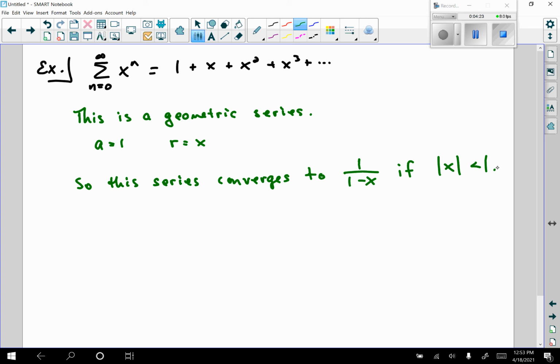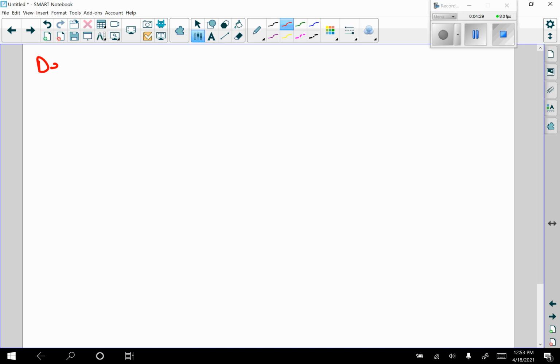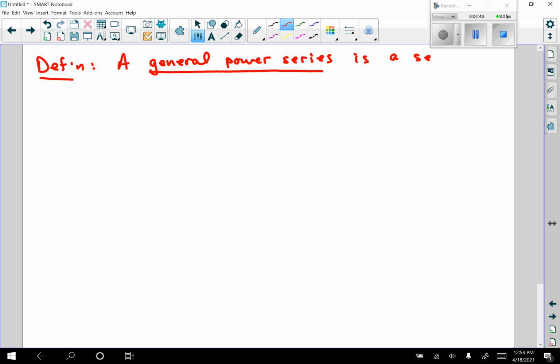So our next definition now, we're going to take a look at what we call a general power series. And this is a series of the following form. The summation as n goes from 0 to infinity of c sub n times the quantity x minus a to the nth power.